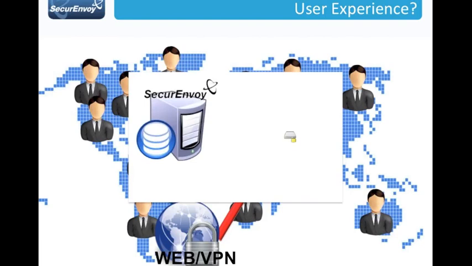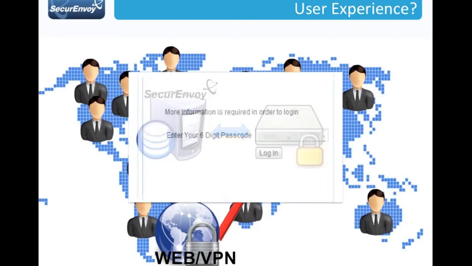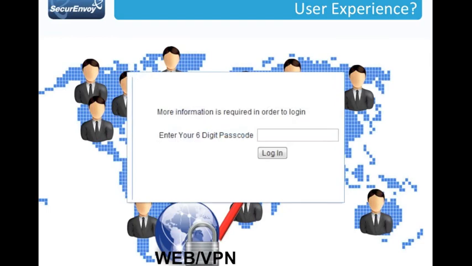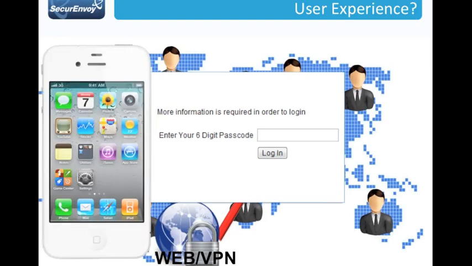This is something they already know. At this point, we can install a SecurEnvoy server or use the managed service at CM. We can very easily integrate this with your existing web application or VPN or firewall, etc. And at this point, the user will then get the next prompt, which is to enter the 6-digit passcode.